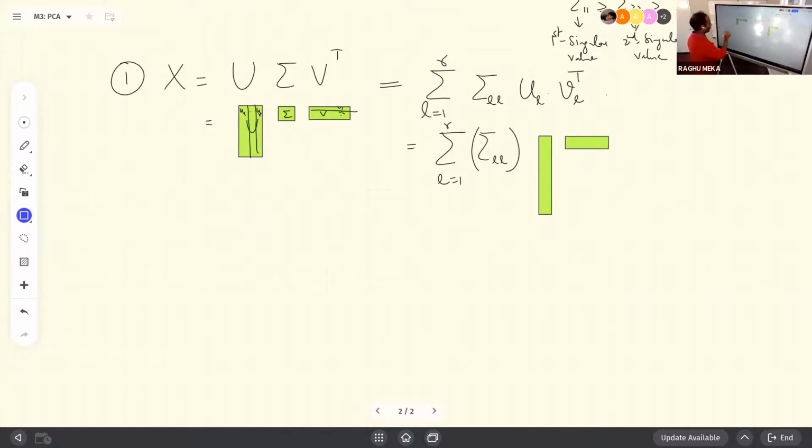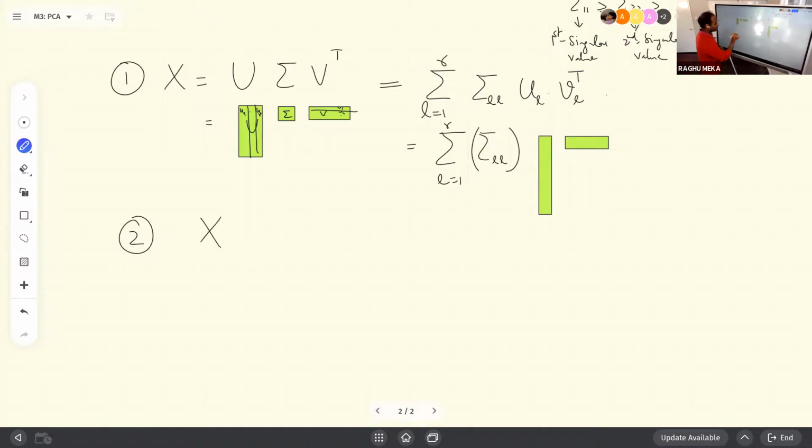The second property that we'll use is a relation between the U's and V's. Okay, so for some reason, let's say I gave you only sigma and V, you can infer U, and alternately, if I give you sigma and U, you can infer V. And in fact, given U or V, you can even get out sigma from it. So let's see how.